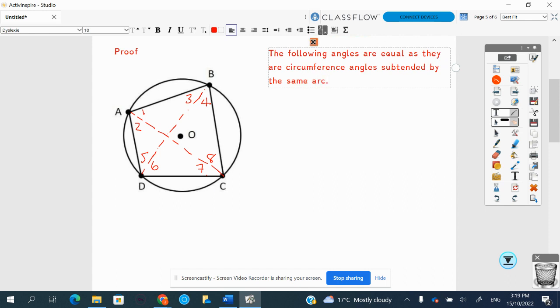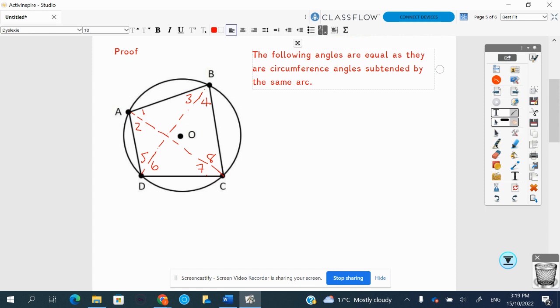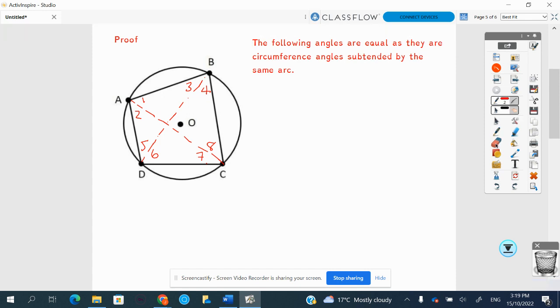That's actually the previous theorem we're going to use primarily for this proof. So there's a few that we're going to state here, which is why I made a bit of a blanket statement as opposed to writing this out a lot. We're going to start off with angle ADB, which is this angle 5 in here.